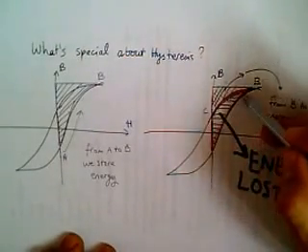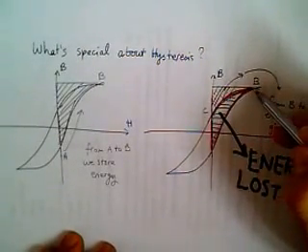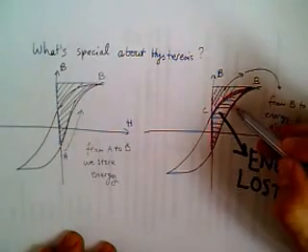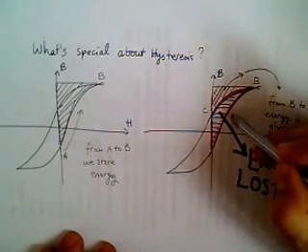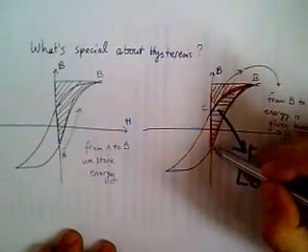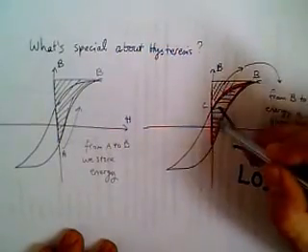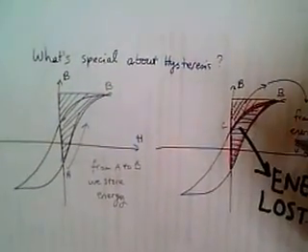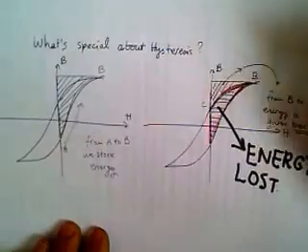So hysteresis is not a good event happening in ferromagnetic materials, because at each cycle some part of the energy is lost in the material.